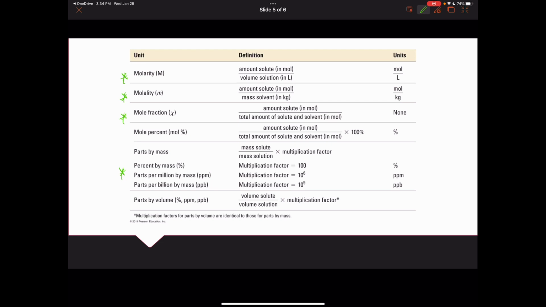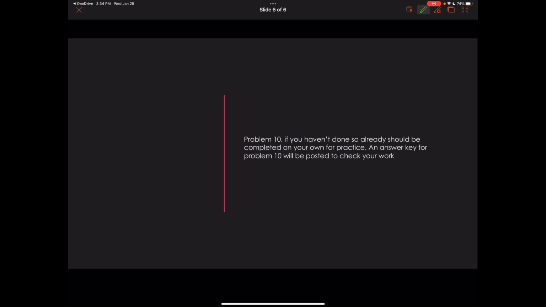So you're being asked to determine the molarity, molality, mole fraction, parts per million or billion. If you haven't done so yet, I would encourage you to complete those problems on your own. There's an answer key to problem 10 that will be posted in the additional resources folder in Blackboard. So make sure that you check your answers.